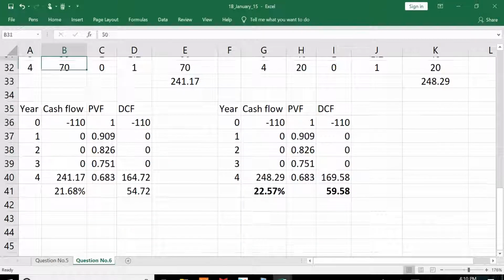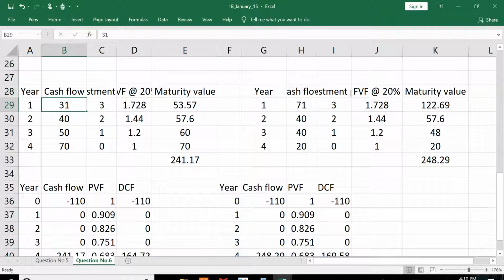We assume a reinvestment rate of 20%. Whenever I do a reinvestment rate and calculate, it's called realized IRR, modified IRR.